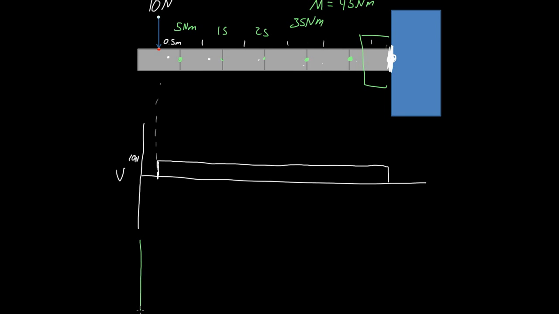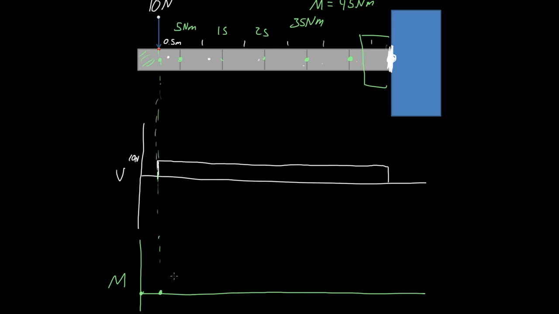So if we were to graph the moment, what's the moment in the beam right here? Is there any moment in the beam? There's no moment until we get to this point. So the moment is 0 until we get right there. And the moment right at the point where this force is, that's 0.